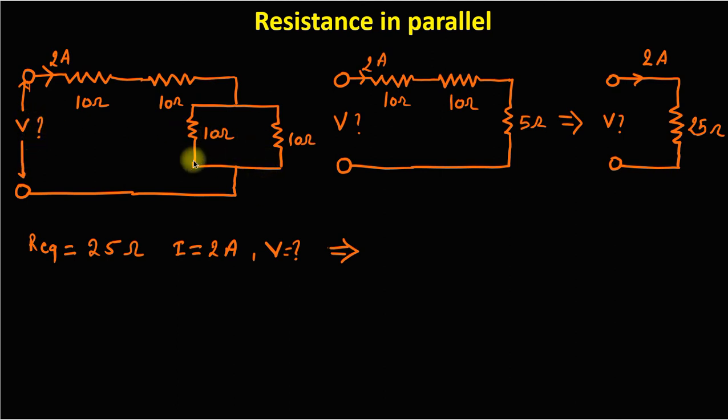As you can see here, this combination of the resistances is in parallel and these are in series. The calculation of the parallel combination will make a series combination with the remaining two resistances.